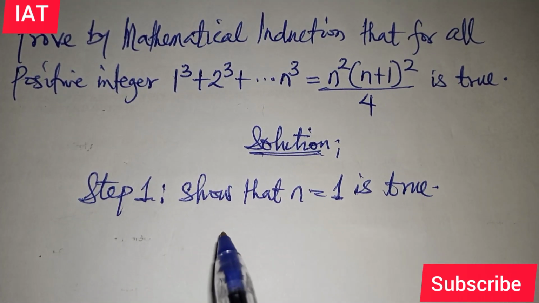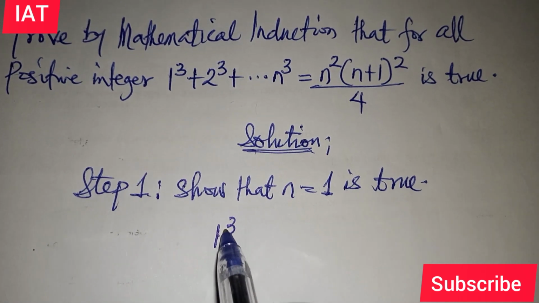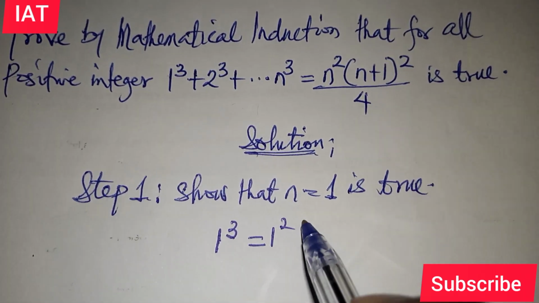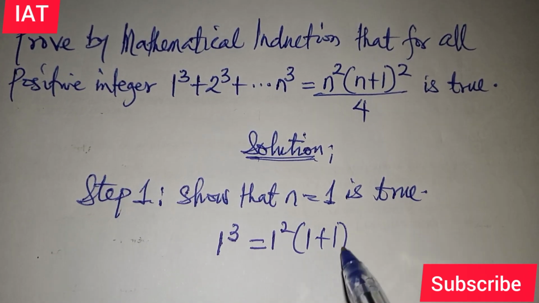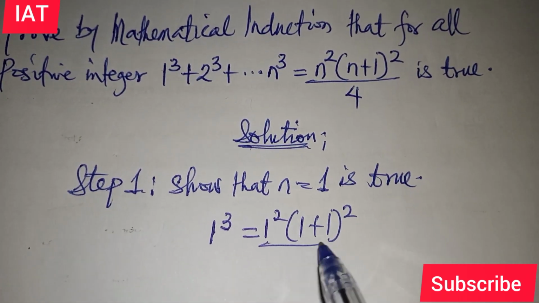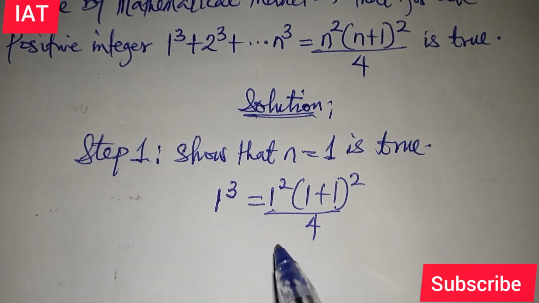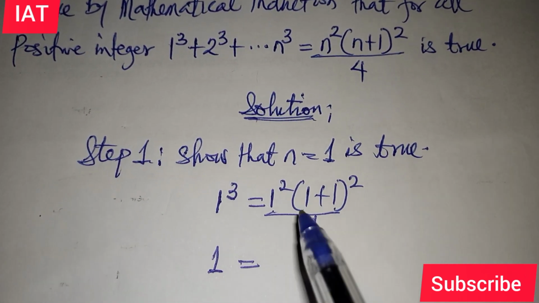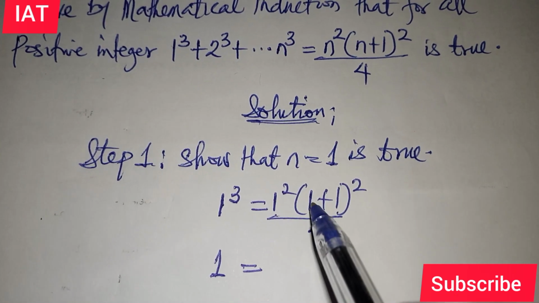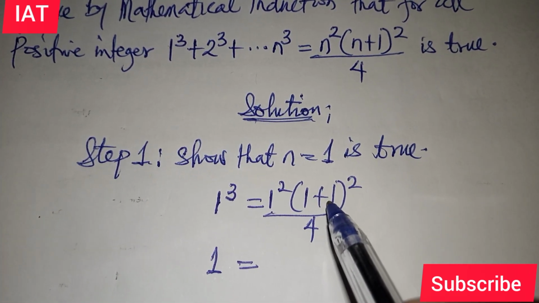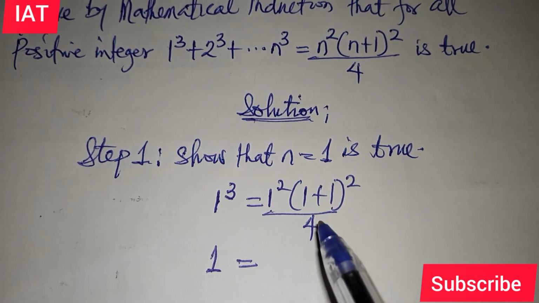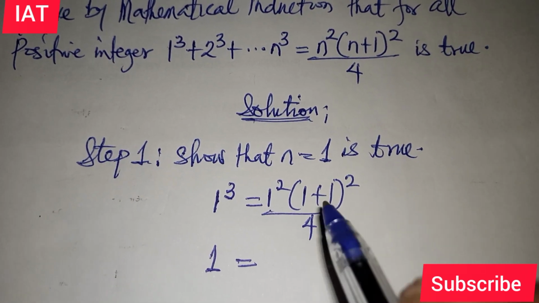So we have 1 to the power of 3 equals, on the right hand side, 1 to the power of 2 into 1 plus 1 all squared divided by 4. On the left hand side, 1 cube is 1, and 1 squared is also 1, plus 1 is 2, and 2 squared is 4, and 4 times 1 is 4 divided by 4, and that is 1.